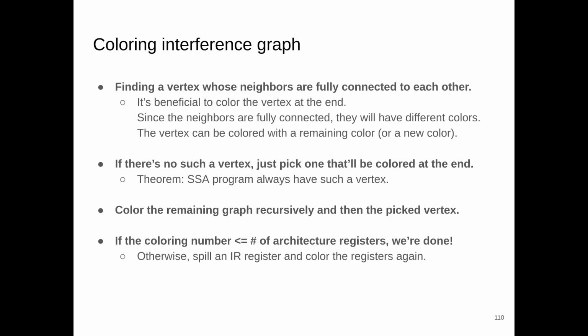Multiple IR registers may be mapped to the same color, which represents the same architecture register, but that's okay because these IR registers should not coexist at the same time. At one time, only one of those IR registers should exist, and that's the reason why we can map all of those into the same architecture register.